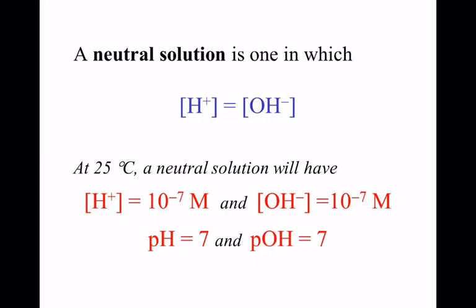So that means that if your Kw is 1.0 times 10 to the minus 14th, the square root of that gives you the molar concentration of your hydrogen ion and your hydroxide ion. Of course, neutral solutions will have a pH of 7, which we grew up knowing. The pOH will also be 7.